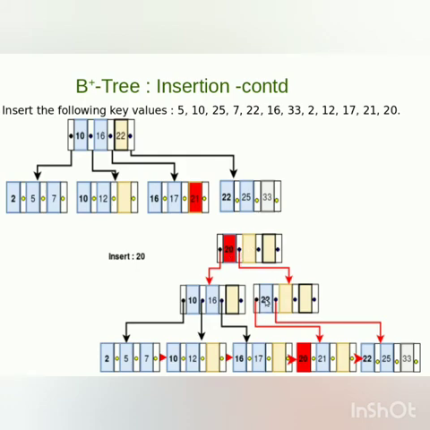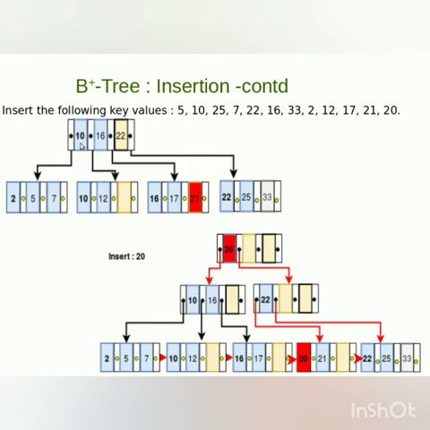Why is this 20 avoided from the intermediate level? Because in the case of a B plus tree, every key value should appear in the leaf, and there is no need to repeat a key value in the intermediate level in several places. That is why it is avoided from this intermediate node.